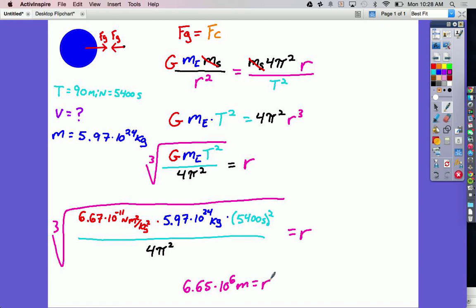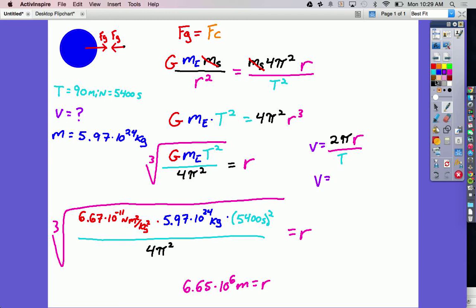So there's our r. Now we can solve for velocity pretty easy. Our very first equation we ever learned in uniform circular motion was that velocity is 2 pi r over t. We now have r, we had t right at the beginning, so we can plug in and solve.